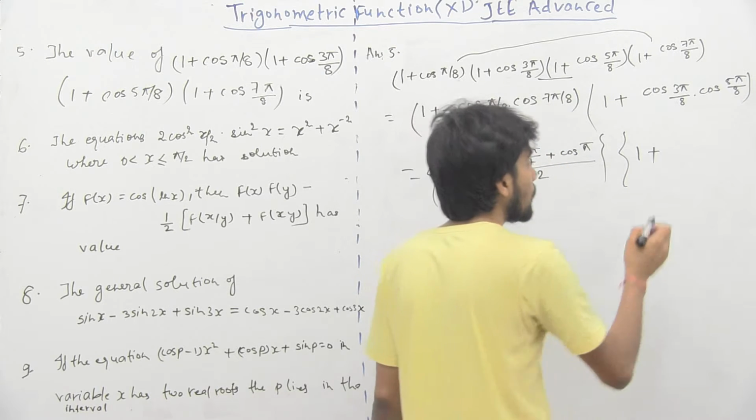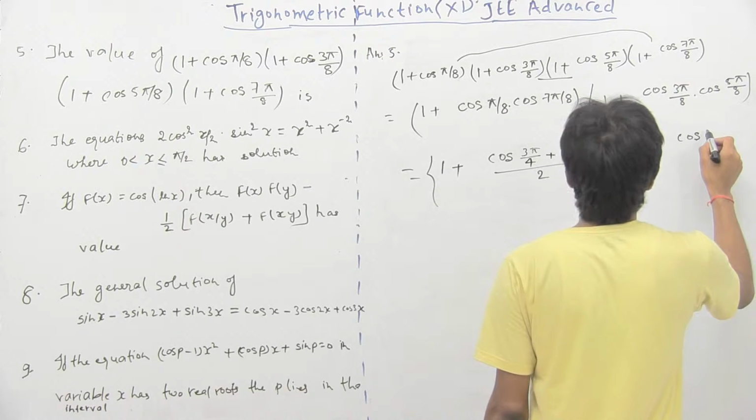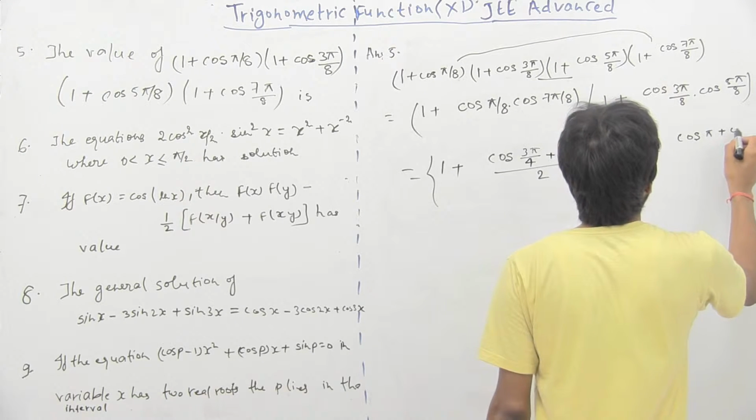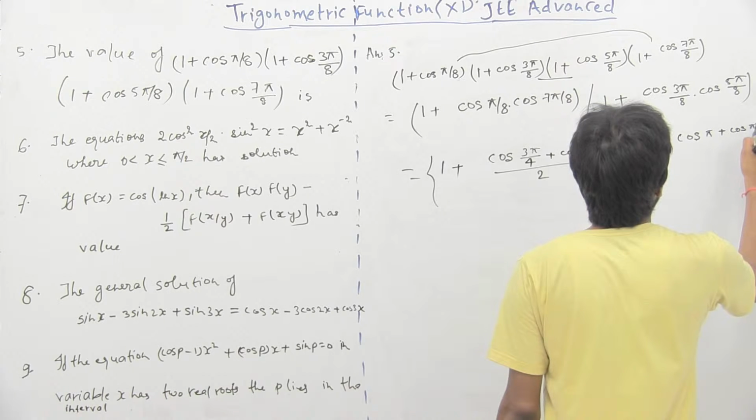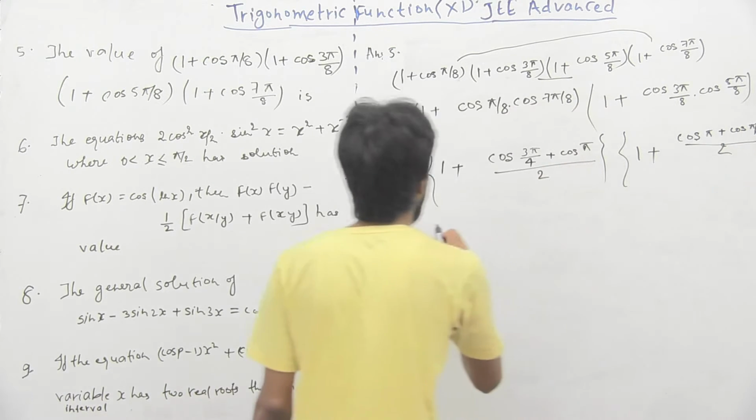And similarly, 1 plus cos pi plus cos pi by 4, divided by 2.